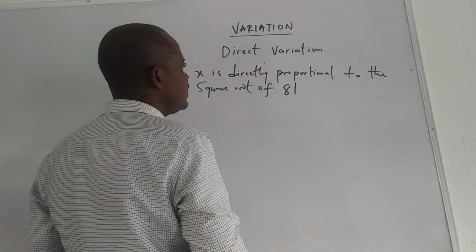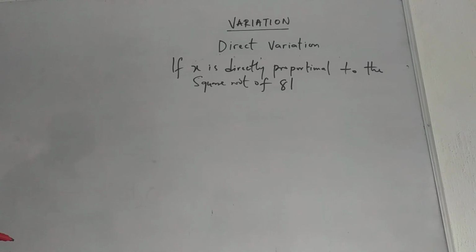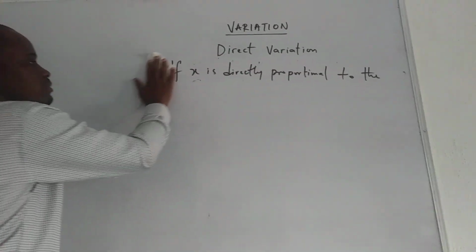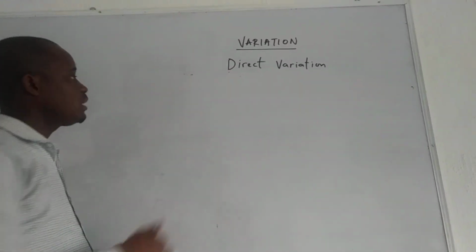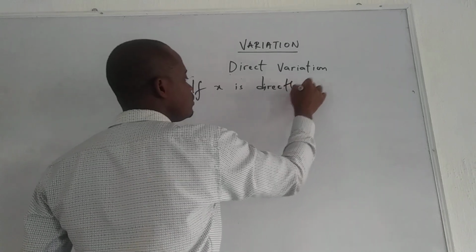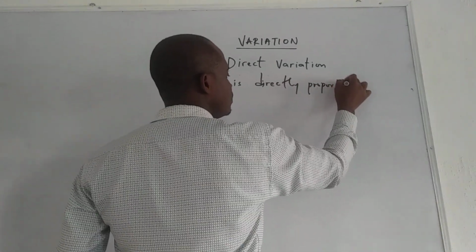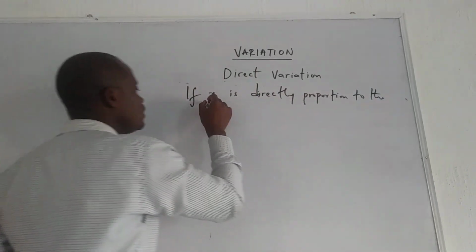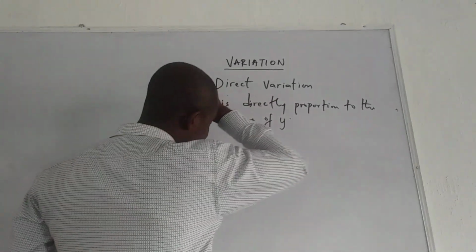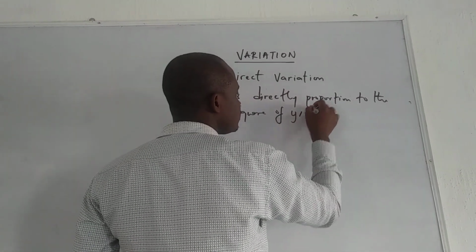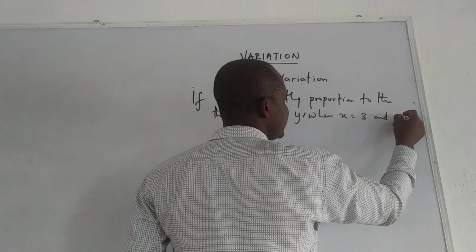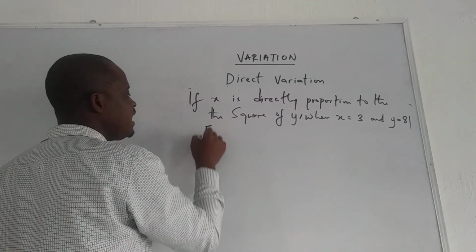Or let's do it like this. Instead of us even using that, we can say that if x is directly proportional, this is so common, to the square of y, and when x is 3 and y is 81, find y when x is 27.